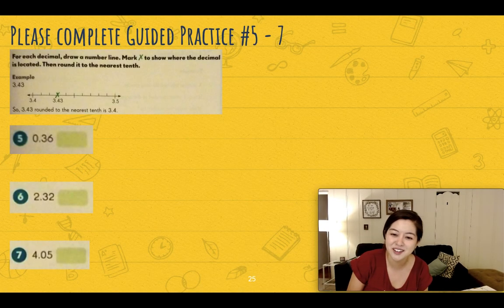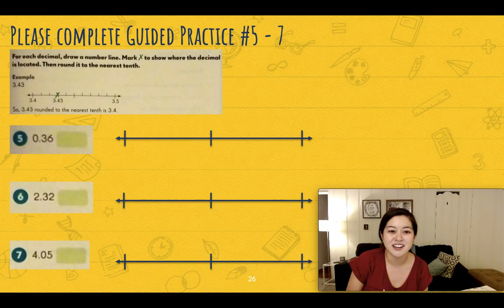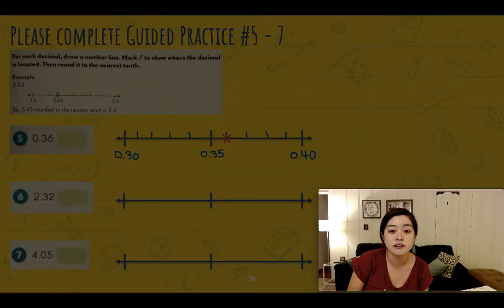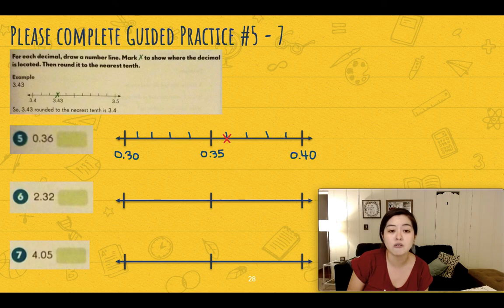All right, welcome back. How did it go? Well, first off, because I have to draw a number line, I drew that number line, okay? And for number 5, I see that 36 hundredths is between 30 hundredths and 40 hundredths. And right away I see, oh, that's where 36 hundredths is.